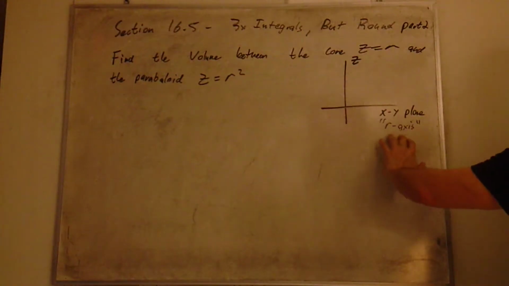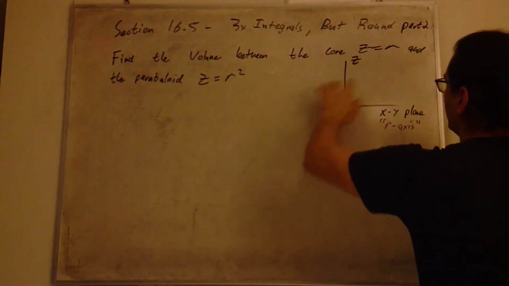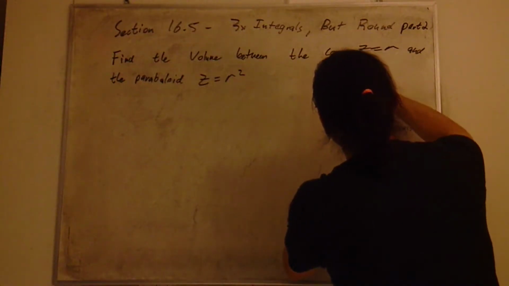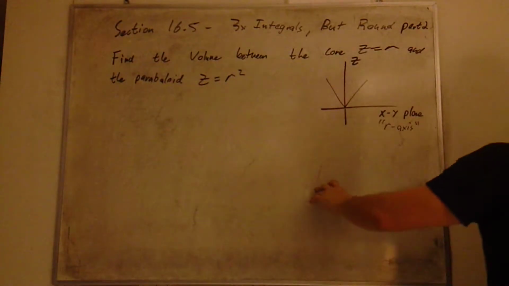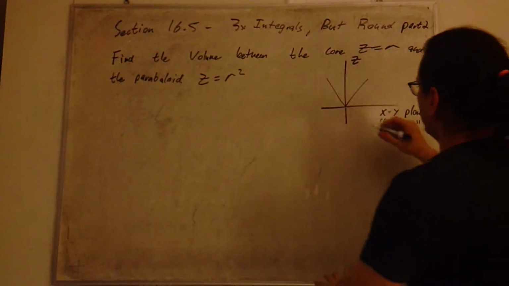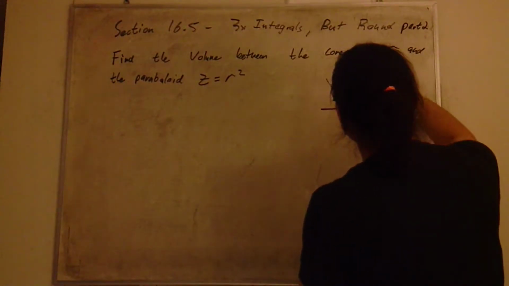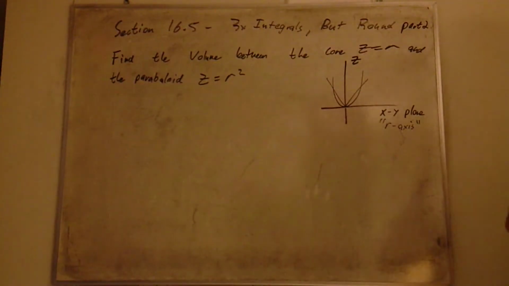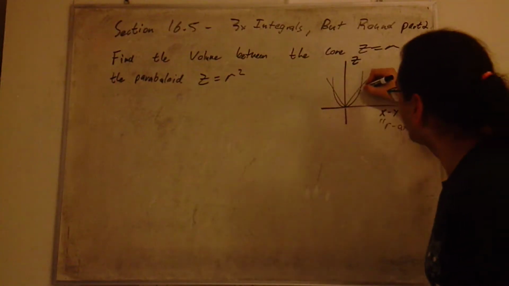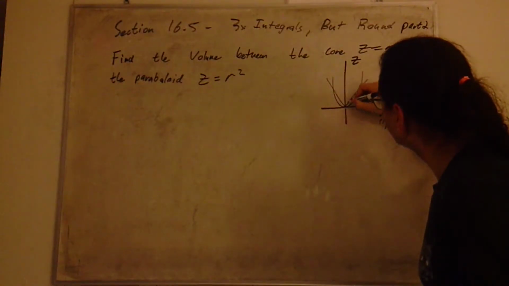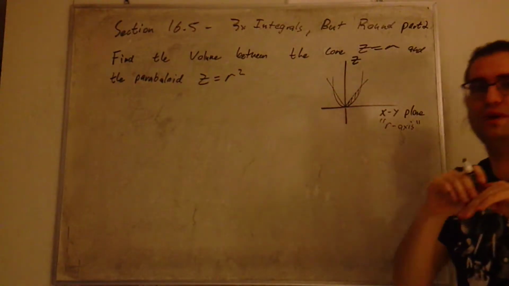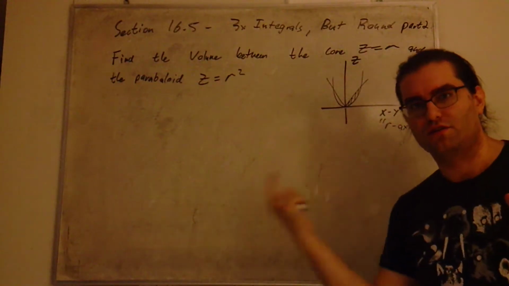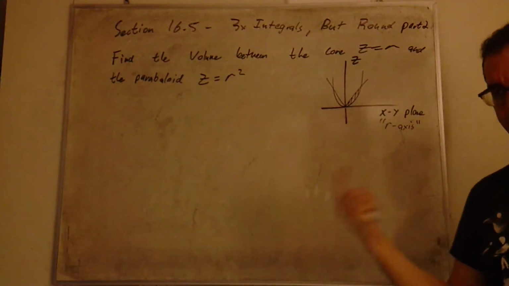And so if you are doing this cross section, I think we can pretty confidently say that z equals r is this cone here, and z equals r squared is this parabola. So it's sort of like this space between the cone and the paraboloid that's going around 360 degrees.